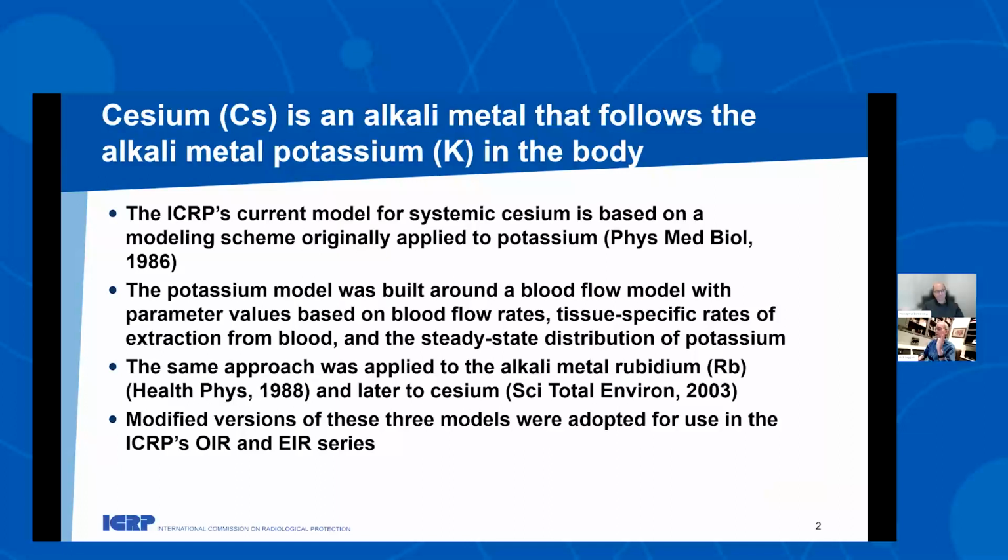And the model was much later, 15 years later, applied to cesium. And modified versions of these three models, the models for potassium, rubidium, and cesium, were adopted for use in the ICRP's OIR and EIR series, where the EIR series model is age-specific.